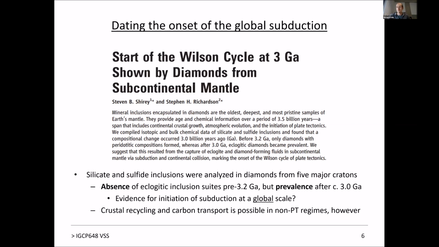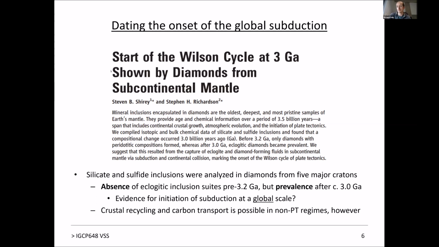There was a sudden appearance of eclogite-type inclusions in these diamonds after 3 Ga. Before that, for diamonds dated at the 3 to 3.2 Ga time period, you had peridotite-like inclusions, so no evidence of subducted or transported mafic crust into the mantle, which would eclogitize and get caught up in these diamonds.